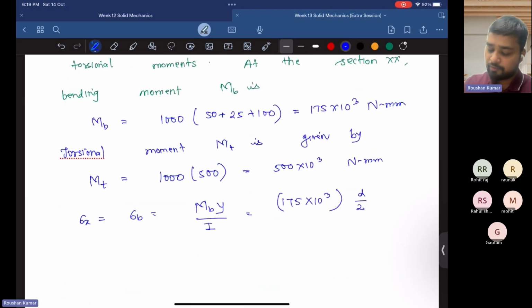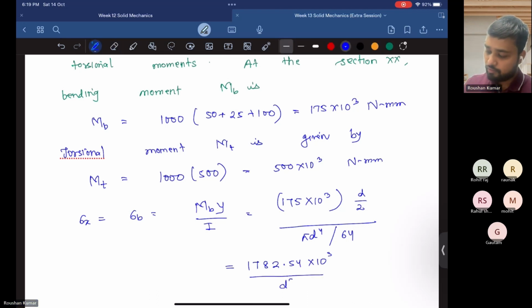Since d is unknown here, I'm writing it as d by 2. Next, the moment of area I of a circular cross section is given by pi d to the power 4 upon 64. If you calculate this, it will finally give us 1782.54 into 10 to the power 3 upon d cube Newton per mm square.